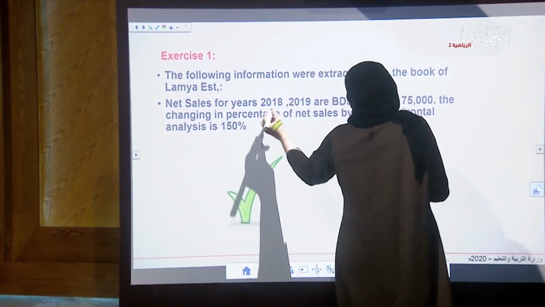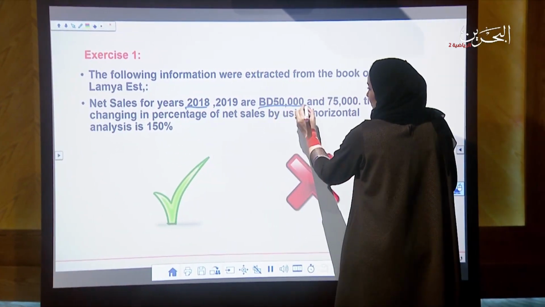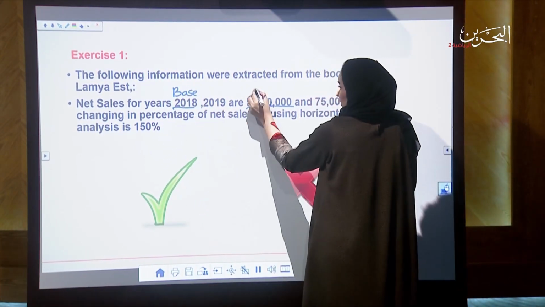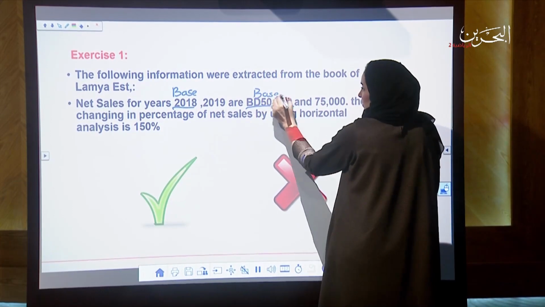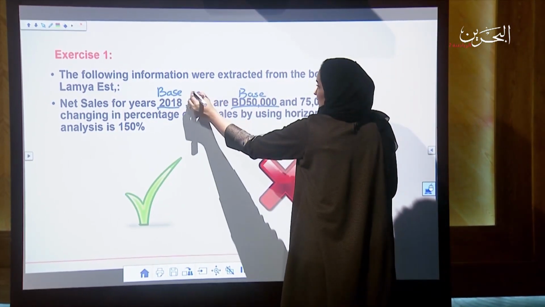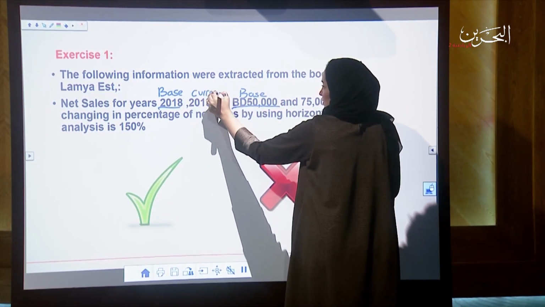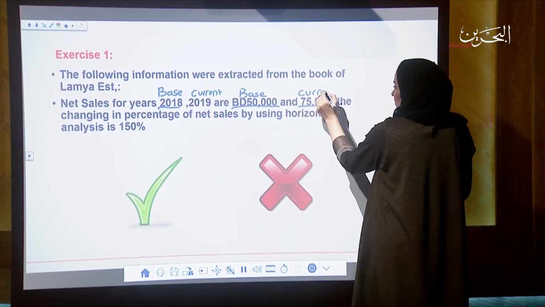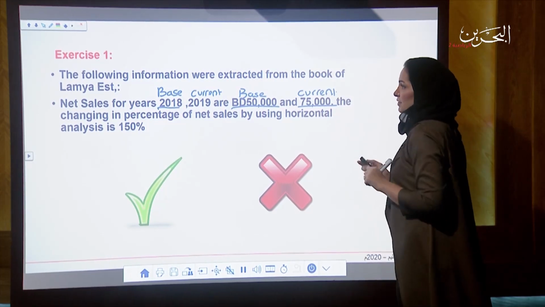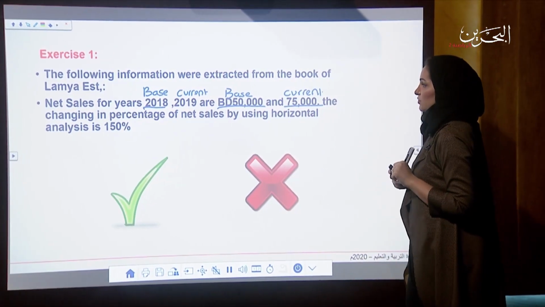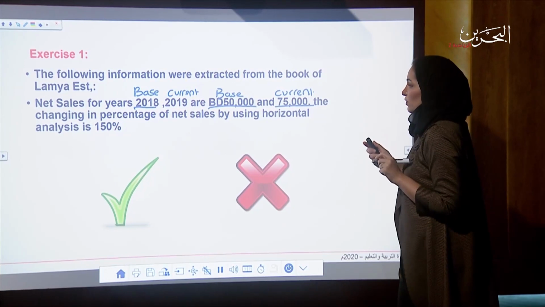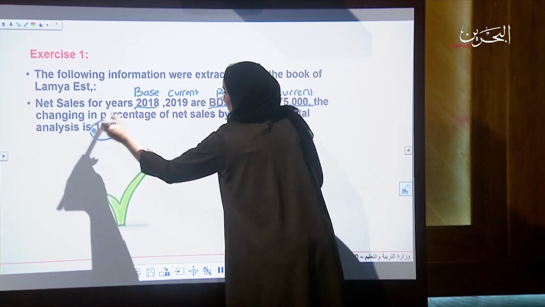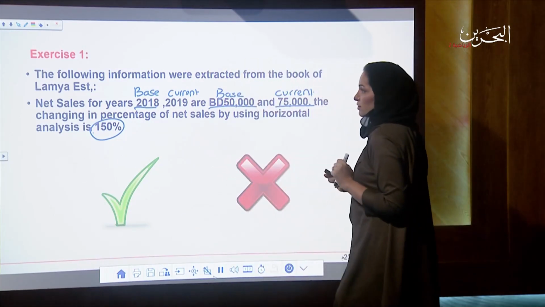So 2018 is the base year, the base amount. 2019 is the current year, so 75,000 is the current year amount. The change in percentage of net sales by using horizontal analysis is 150%. Is it true or false?